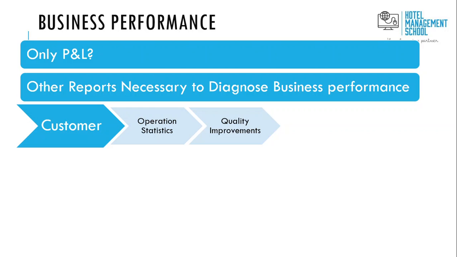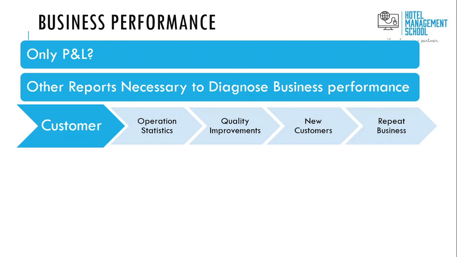Those are all important aspects that we have to see, and how many new customers we are able to get. What is the loyalty program that we are able to generate? How many customers are being enrolled in the loyalty programs? How much repeat business are we getting from them?